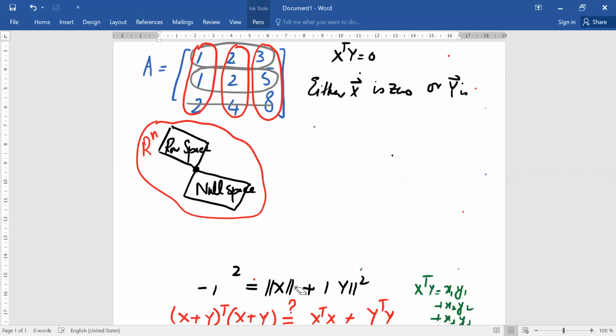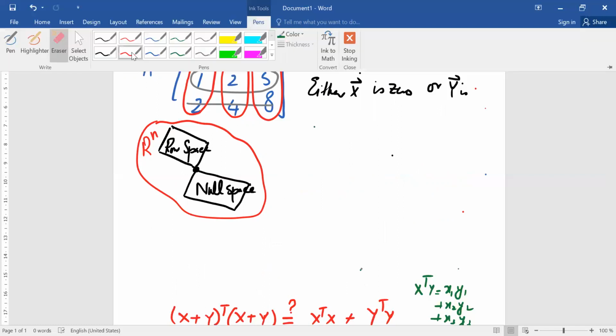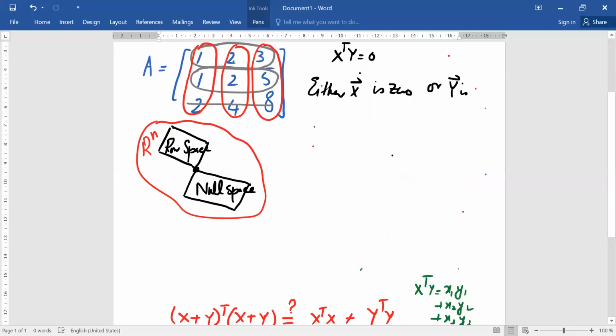Just think about the definition of the null space. What is the definition of a null space? How do we find the null space? The null space is A times X equal to 0. So this X that, once multiplied with A, gives you 0, those X form the null space.